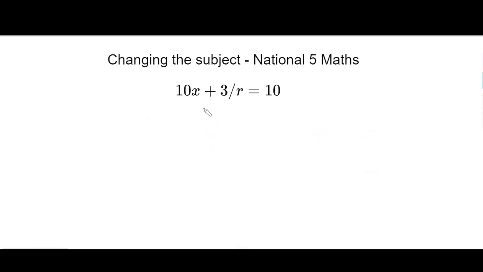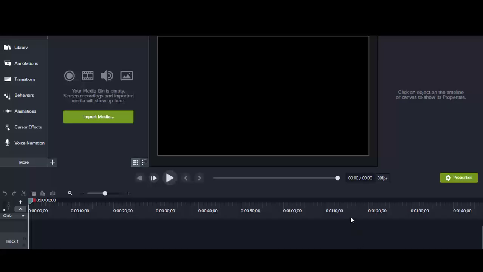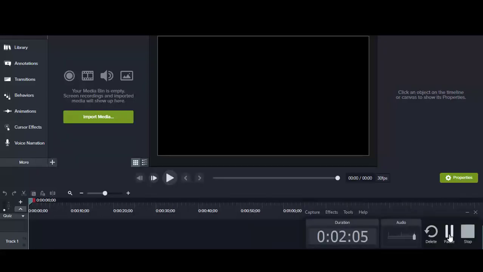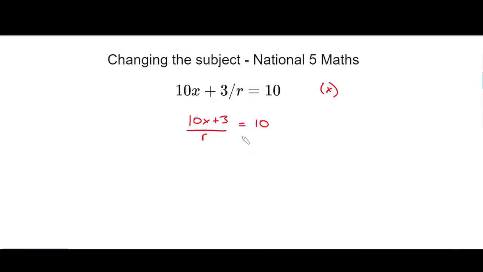Here's another example. Again, rearrange for x. We've got 10x plus 3 divided by r is equal to 10.